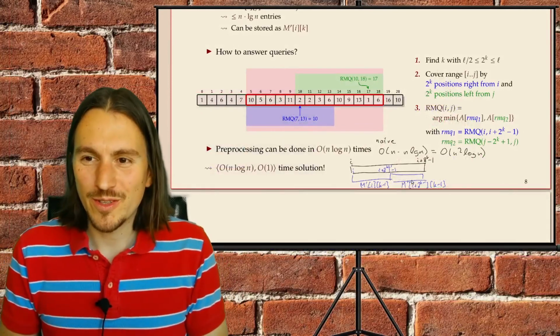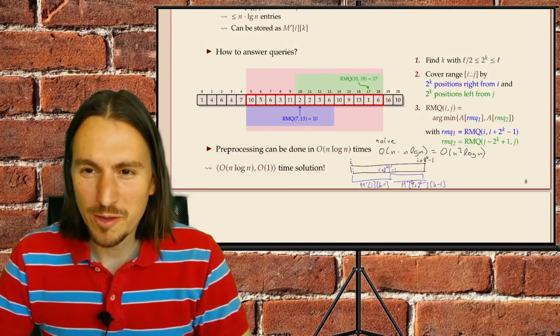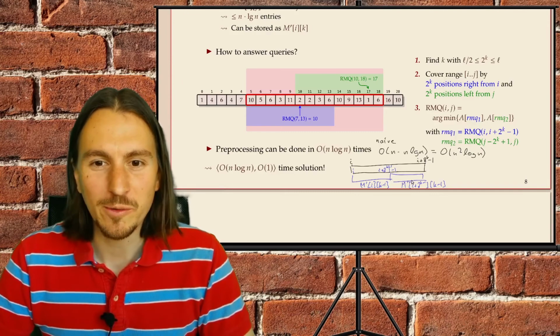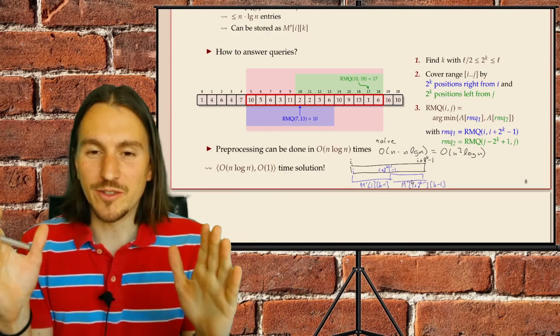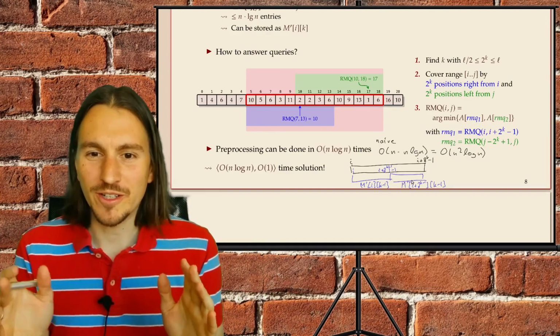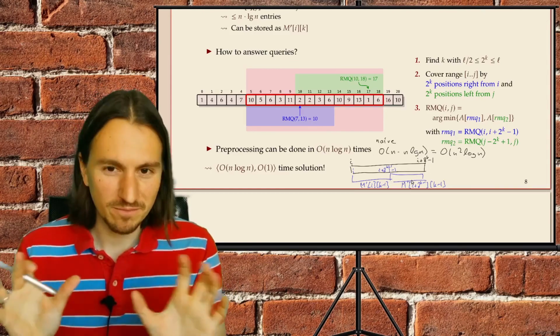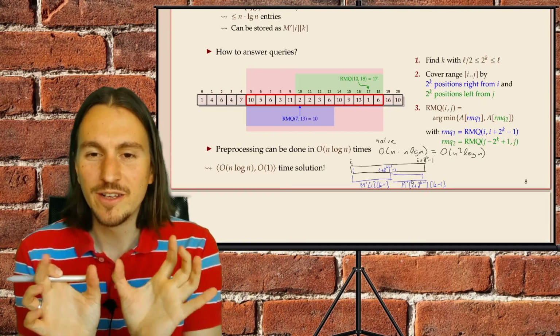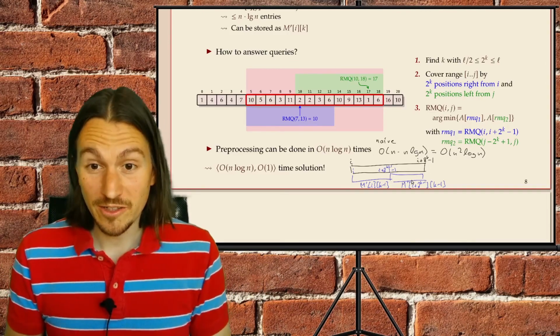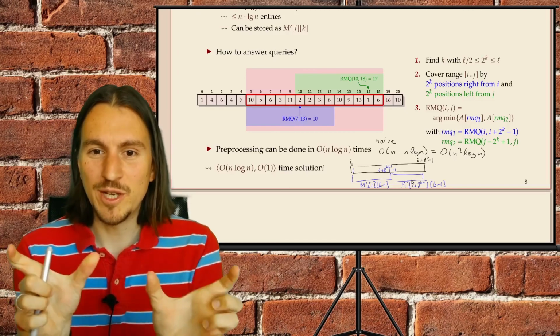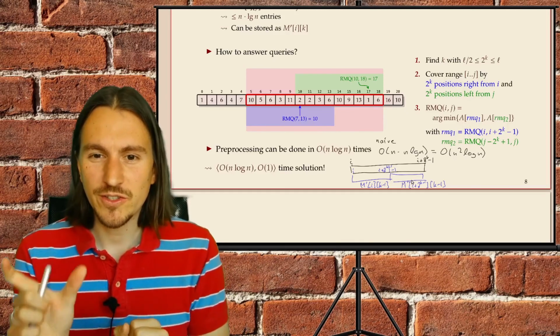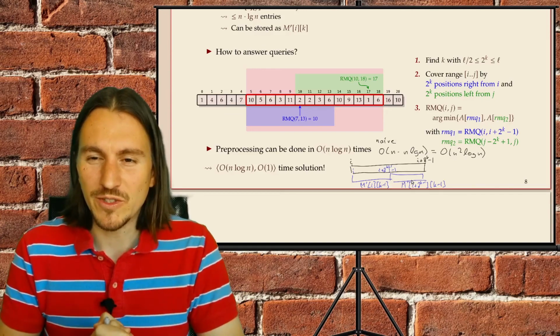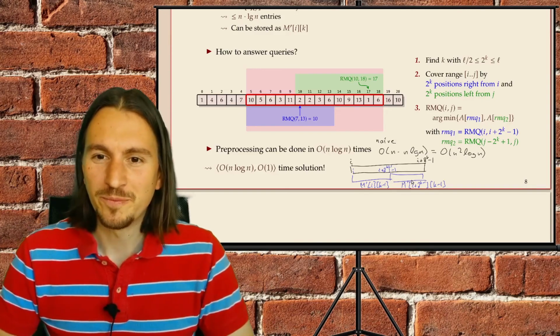So we've used the same trick twice, both in pre-processing and in answering queries. If you have a big range, you can decompose it into two parts if they're touching or overlapping. The important part is they have to cover the entire range. And you've already computed the minima in these ranges. You can just take those minima and compare them instead of the entire range.